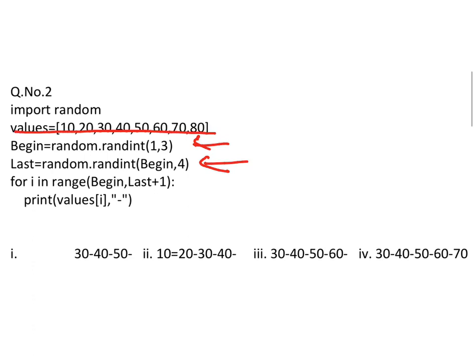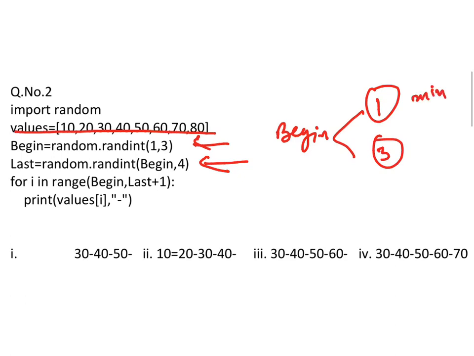Now here what will happen? The value of begin will have a minimum value of 1 and a maximum value of 3. This is a minimum and this is a maximum. Now for last, the minimum value will be begin and the maximum value will be 4.